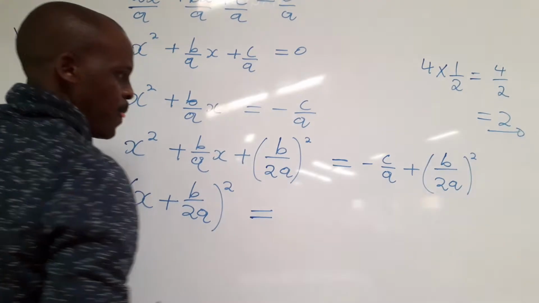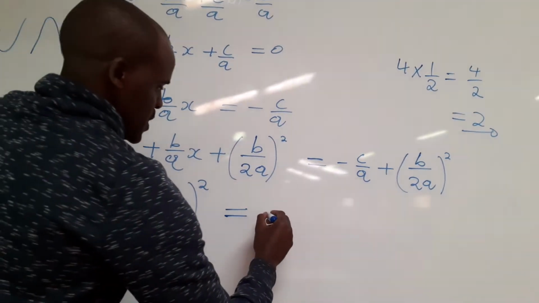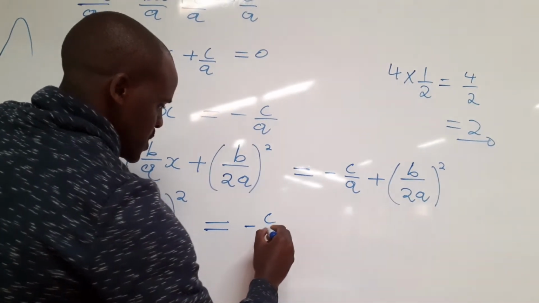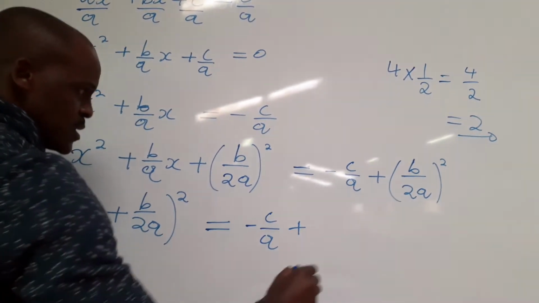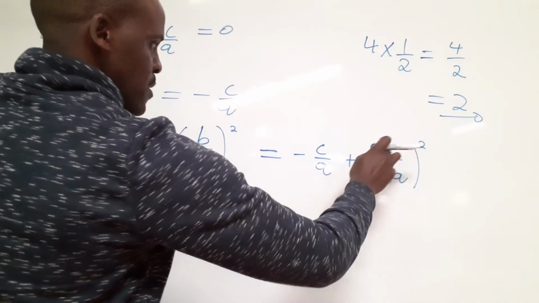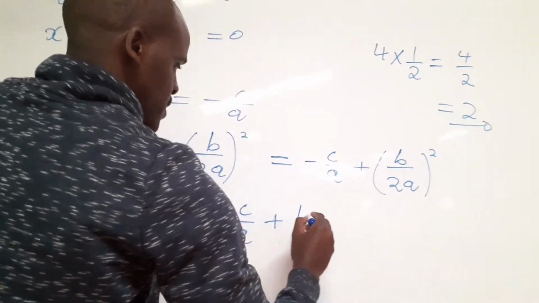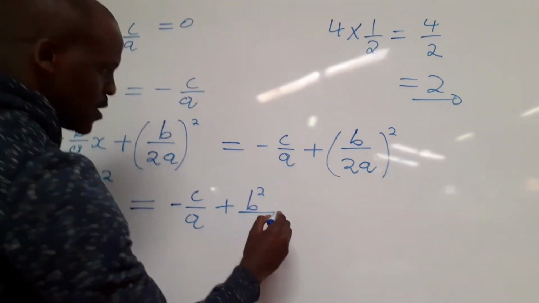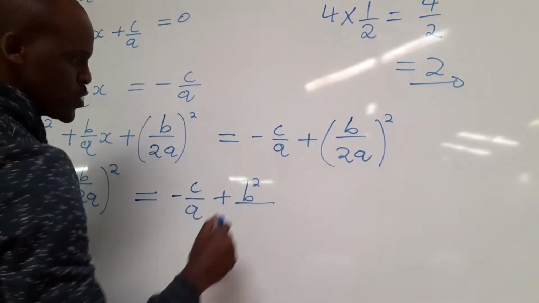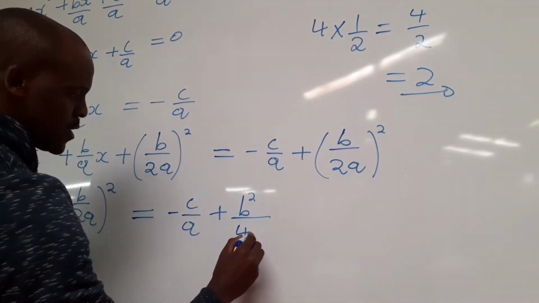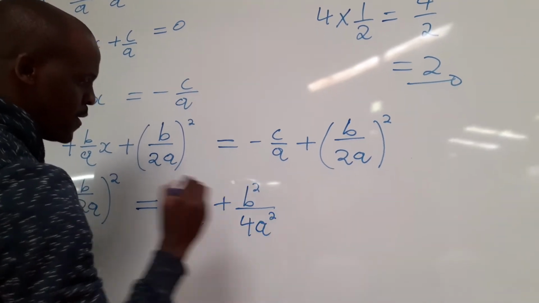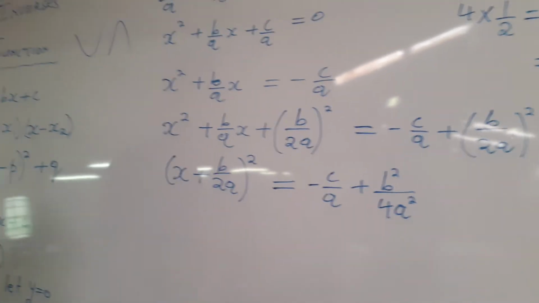This will give us, if you go back, equal to minus c over a plus b squared over 2 squared, that is 4a squared.